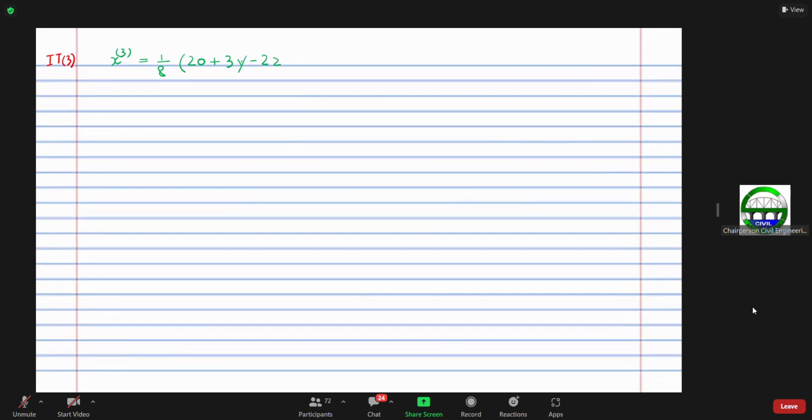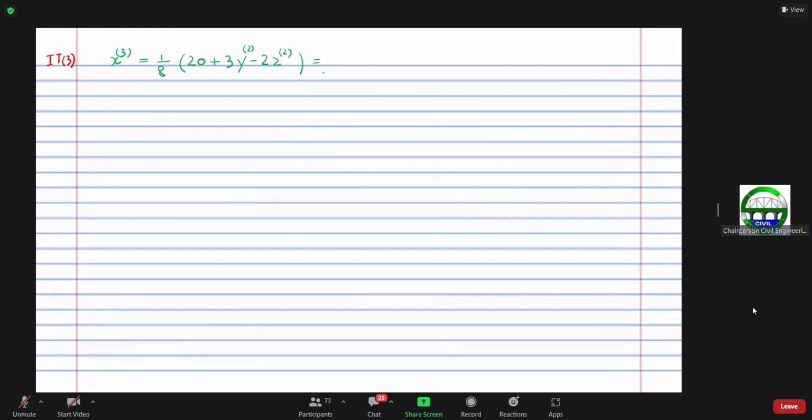So I can write it as the value of y in the second iteration, the value of z in the second iteration. I can write it in this way. This is not the power, okay? So make sure this is not a power. This is the iteration number.